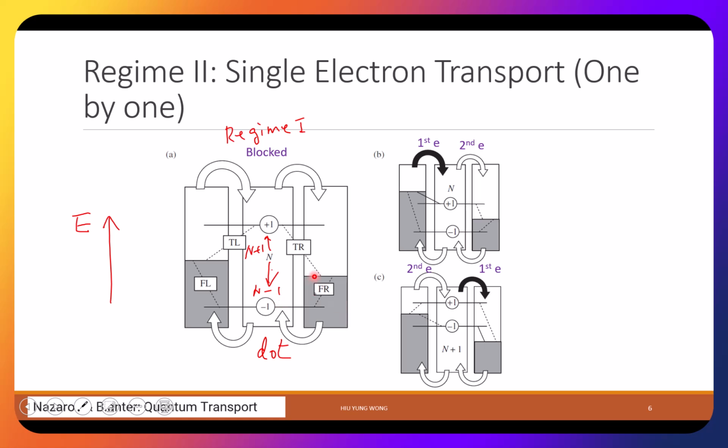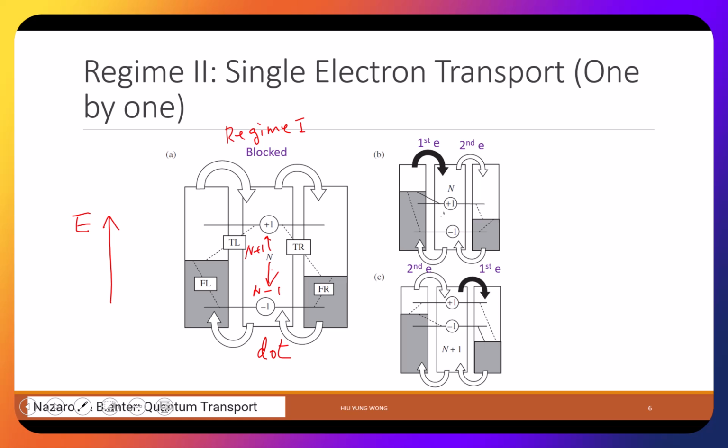Because when you go in, it becomes plus, so you cannot go to this level. It was N, right? How can I go into here? This is just the same. This doesn't mean that it comes from here to here. It's just talking about going from here to here. You cannot. Okay, so this is a Coulomb blockade regime.